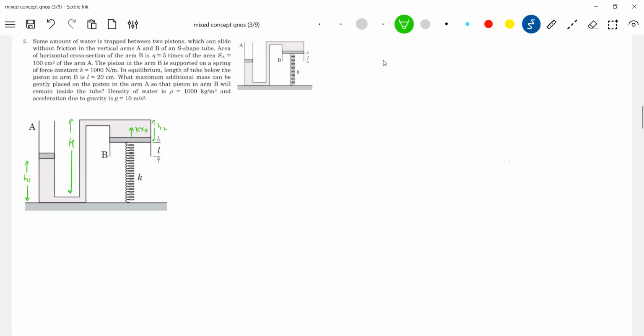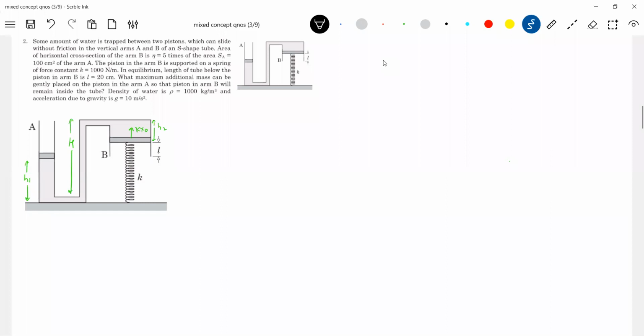Okay, let's write the manometric equation. I will start from B, from the piston. Pistons are massless. Are you able to notice that? Without friction in vertical arms, the piston in the arm is supported on an equidistant length of the tube.